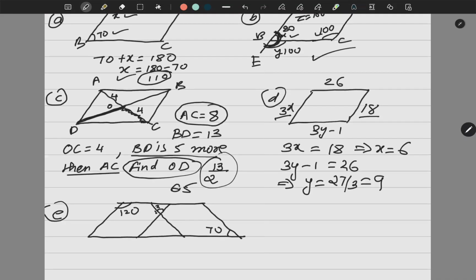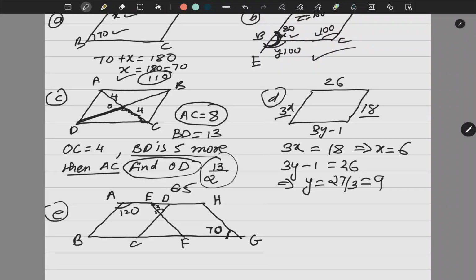Now look at this question. It is basically a combination of two parallelograms. One parallelogram is A, B, C, D, and one parallelogram is E, F, G and H. Correct. Now if I look at E, F, G, H, if this angle is 70, the property is opposite angles are equal. That is one thing I can use. So this will become equal to this part.